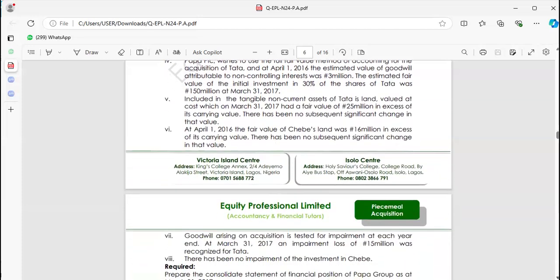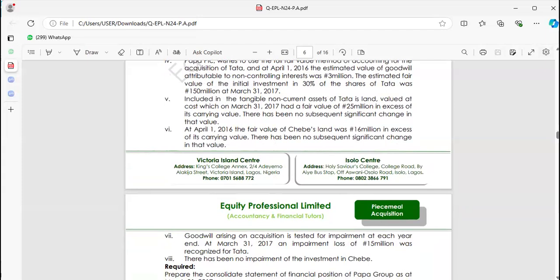Where is the fair value? Yes, look at it. The estimated fair value of the initial investment in 30% shares was now 150.